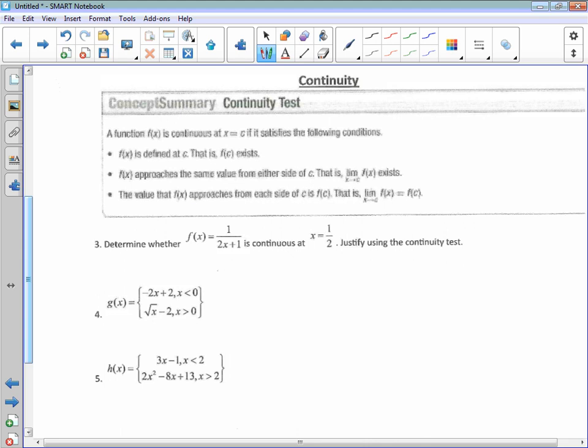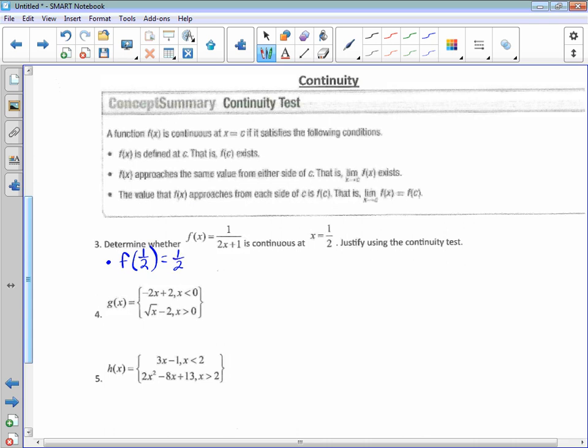All right, so number 3, it says determine whether f of x equals 1 over 2x plus 1 is continuous at x equals 1/2. I'm going to use the continuity test to show you. So my first bullet point, we are checking f of 1/2. What does f of 1/2 equal? It equals 1/2, right?